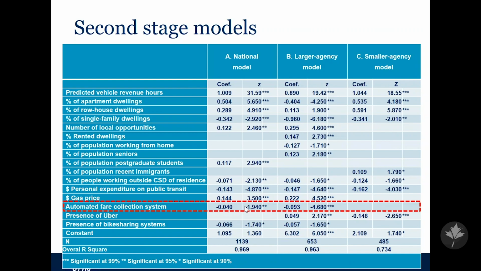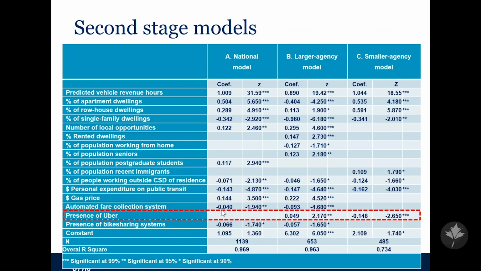We saw a statistically significant factor here: agencies that rely on smart card systems as a source for the ridership data have a lower ridership, all else being equal. So this might actually be speaking to the quality and reliability of those systems as a source of ridership data.